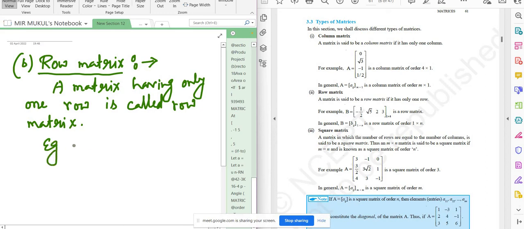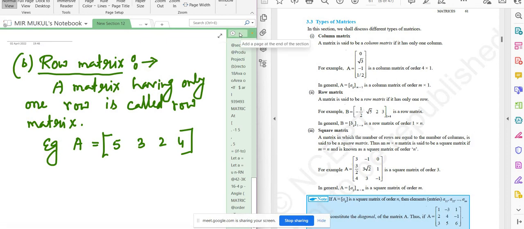Example, A equals only one row, 5, 3, 2, 4. Only one row, but columns, how many? 4 columns, but only one row. This is called a row matrix.